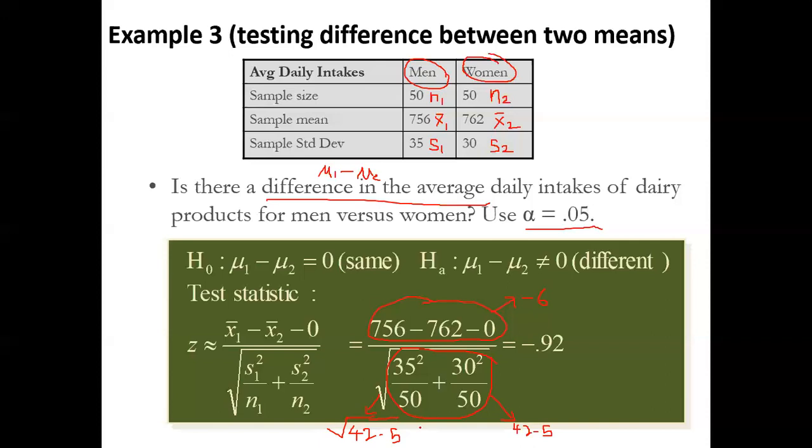That is the third step of calculation. In your final step, you take the above value, negative 6, divided by the square root of 42.5. Then you will get the final answer, negative 0.92.